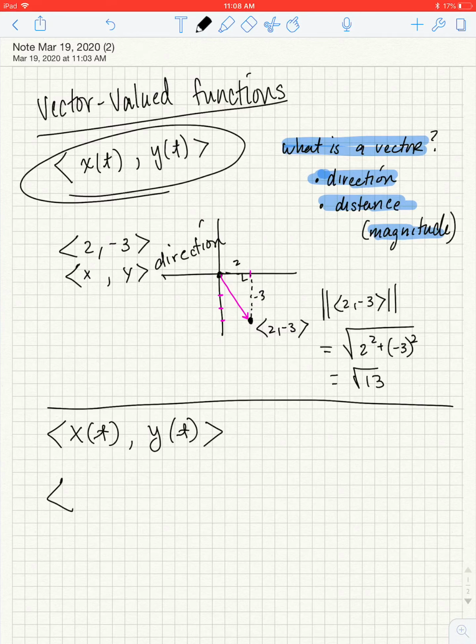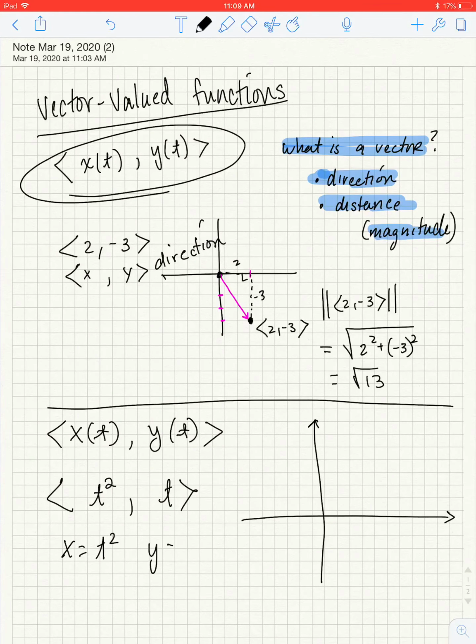So just to make up one, say you see something like <t squared, t>, for example. So what does this look like? We know it's x comma y, so x has to be t squared, and y has to be equal to t.